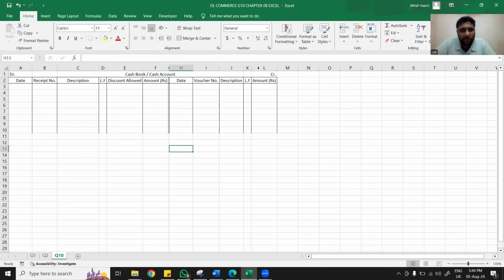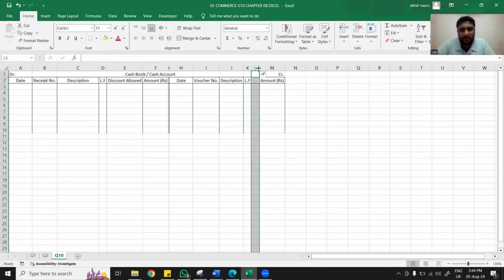And for the credit side also, you have to do the same. On the credit side, when we are making payments, we will receive discount. Last week we learned discount given is an expense, it is there in the debit side. Discount received is an income, it should be there in the credit side.